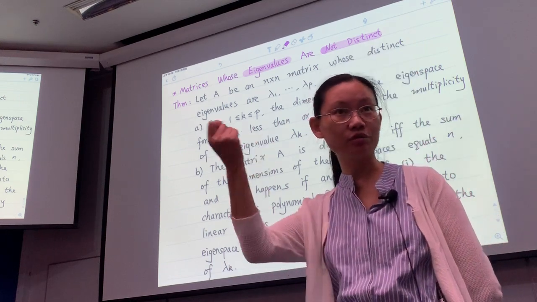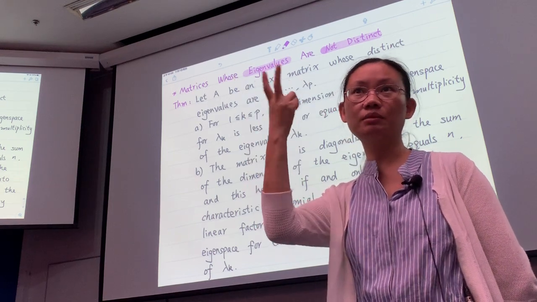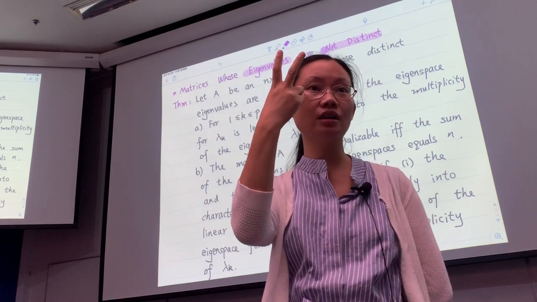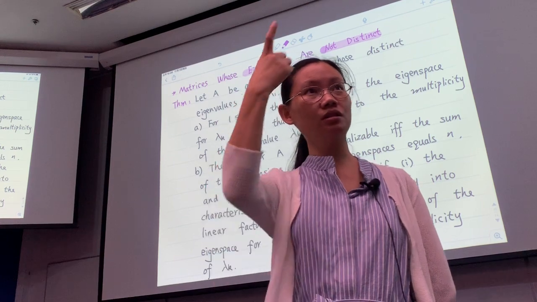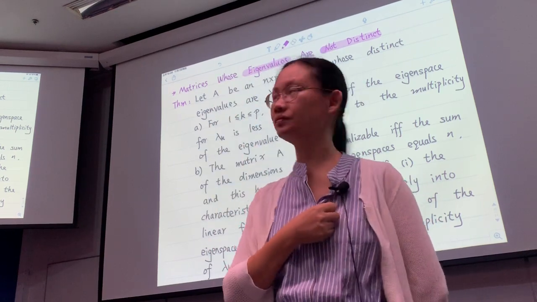We have examples shown before, right? The multiplicity of the eigenvalues is 2 in both those examples, but the dimension of the eigenspace could be 1 or 2. So less than or equal.